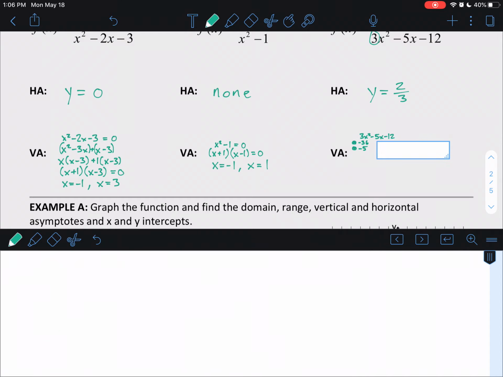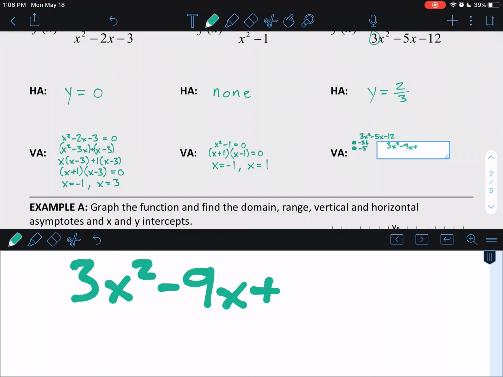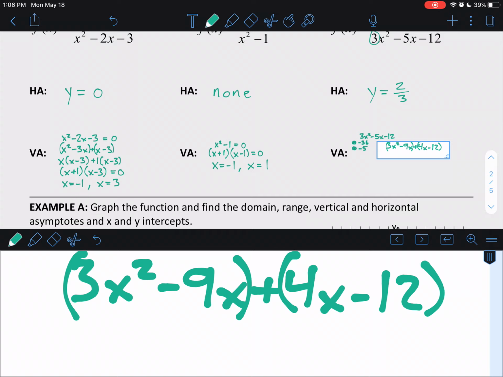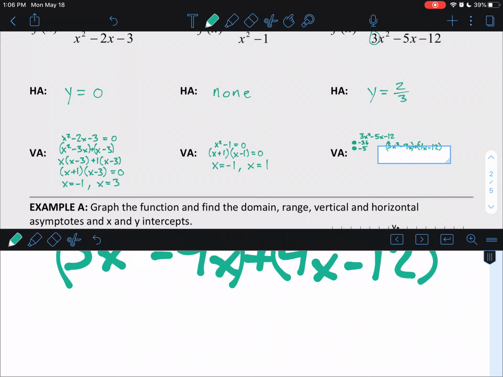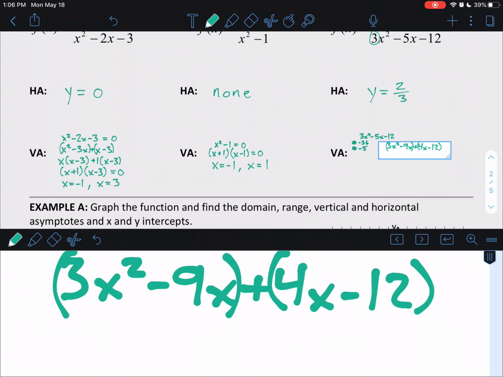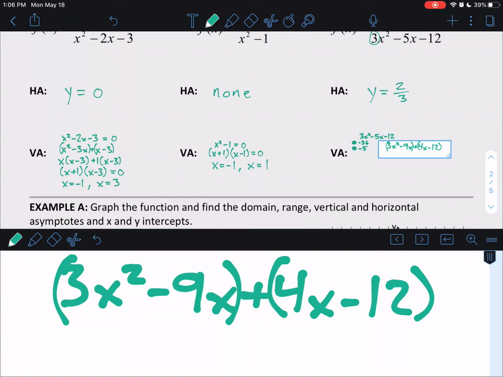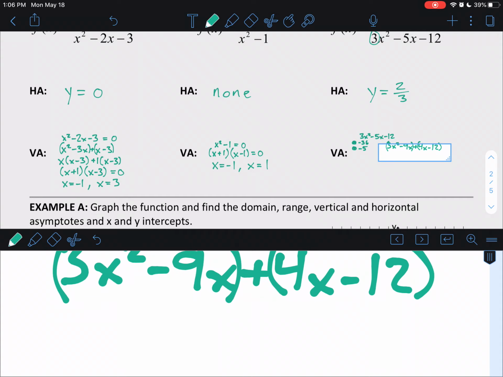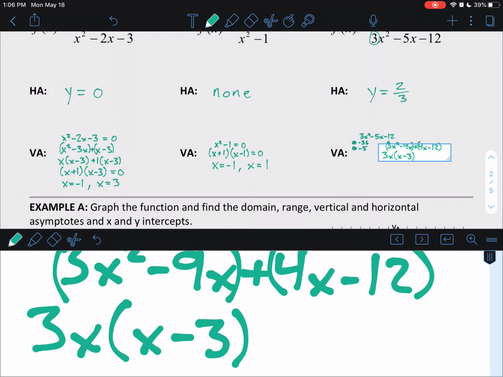So I'm taking this and I'm saying 3x squared minus 9x plus 4x minus 12. Then I'm going to group. So 3x squared minus 9x, between those two, I can pull out a 3x, and I'm left with x minus 3.